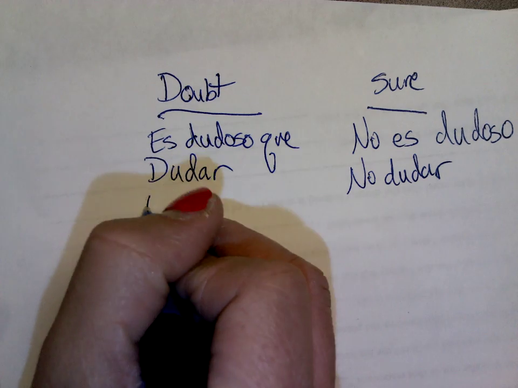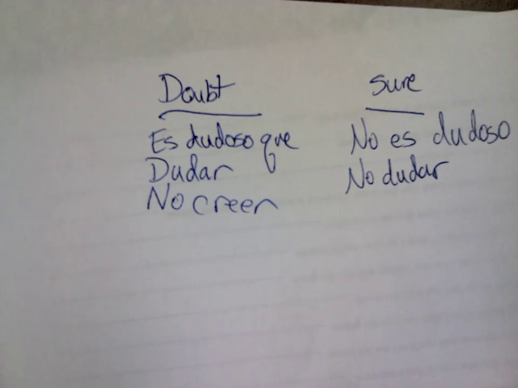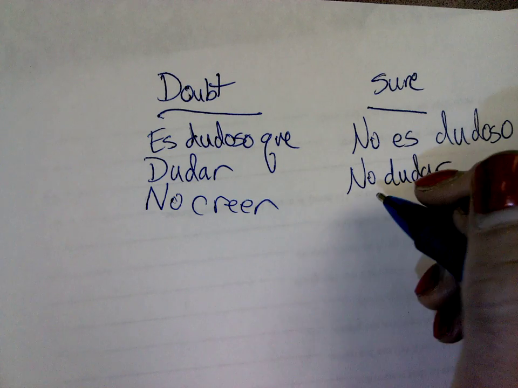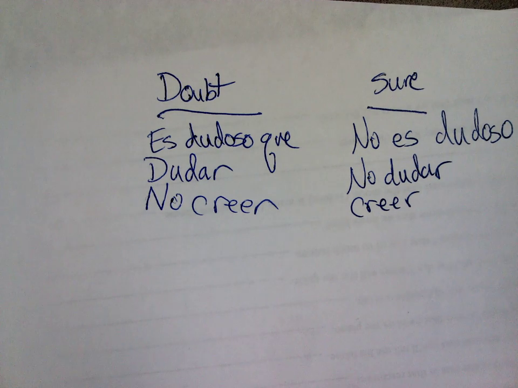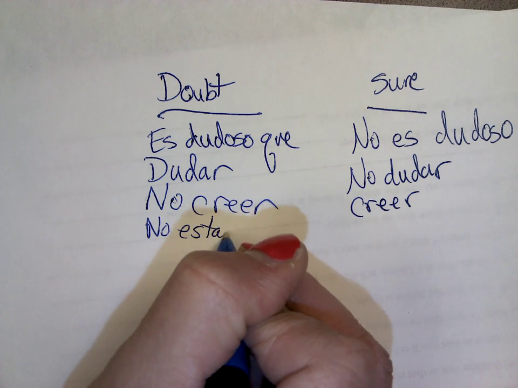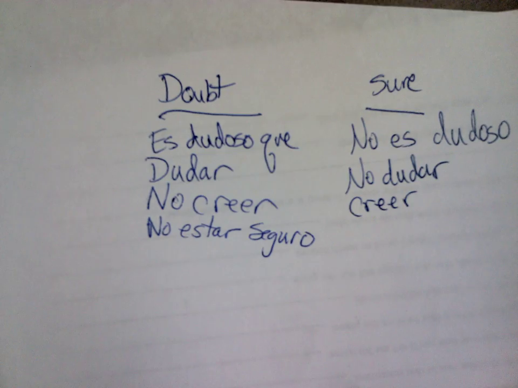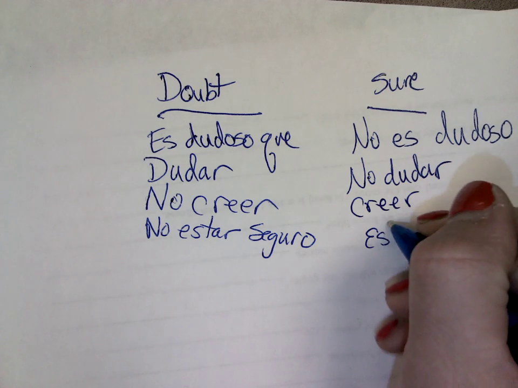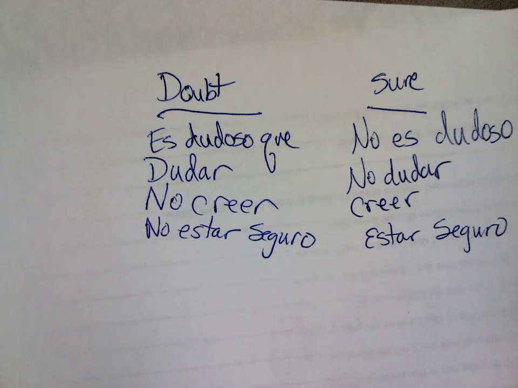Next is no creer, to not believe. The opposite of that is creer, of course. And then no estar seguro, to not be sure of, versus estar seguro, to be sure of.